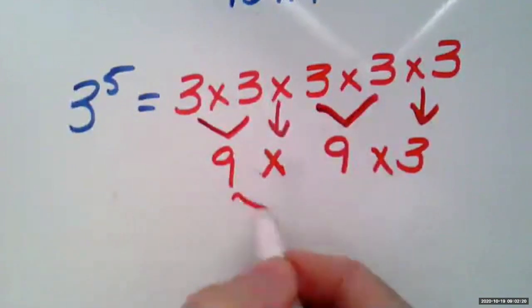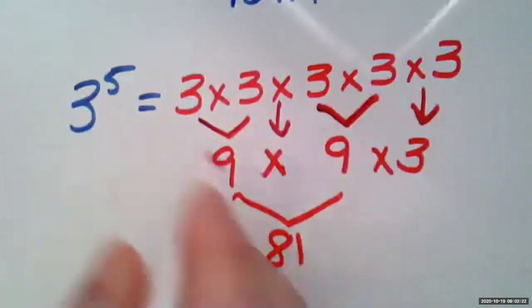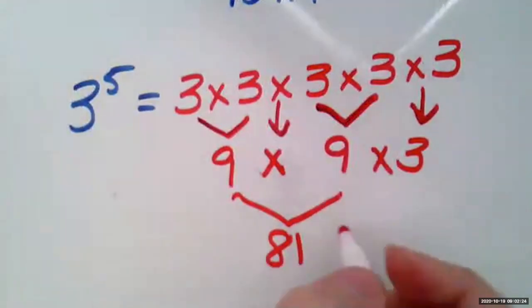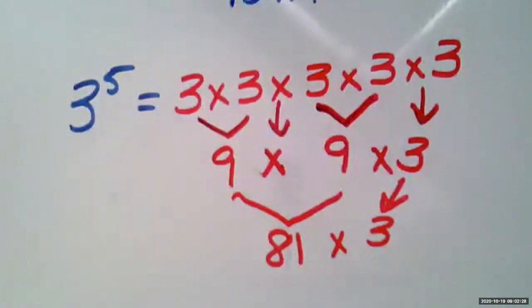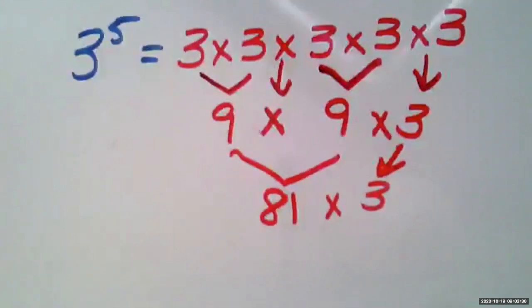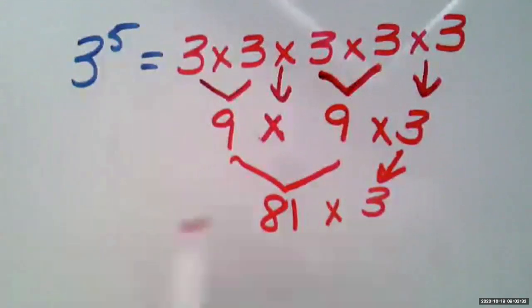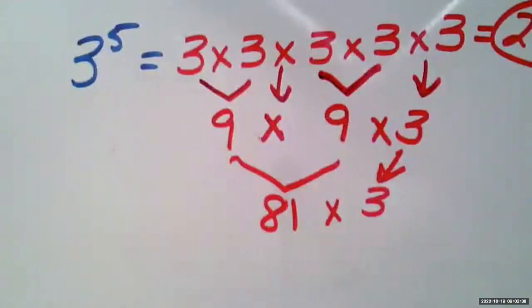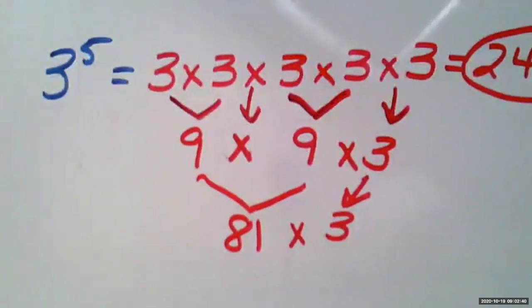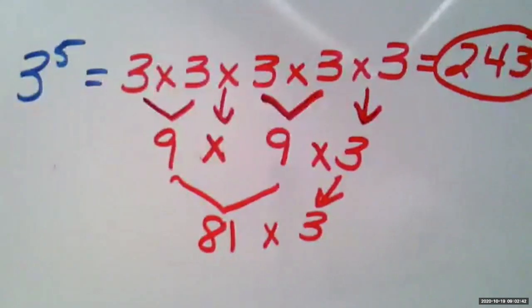I know 9 times 9 is 81, and I just write it down below, and I still have to multiply by this 3. So if you have 81 times another 3, your final answer is 243. Oh my goodness.